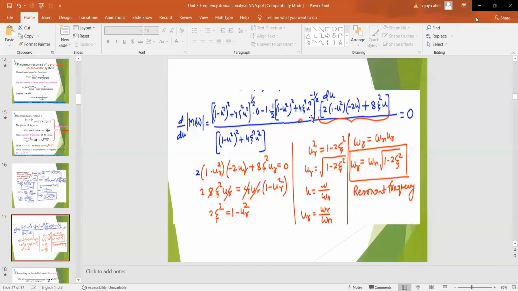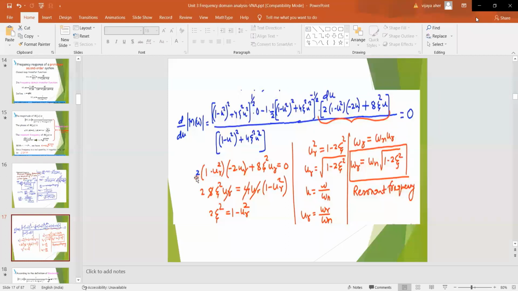That whole term under root, this whole term into 0 is equal to 0. So you will get this equation. Only this term is remaining: 2 into 1 minus u square into bracket minus 2u plus 8 zeta square into u is equal to 0.